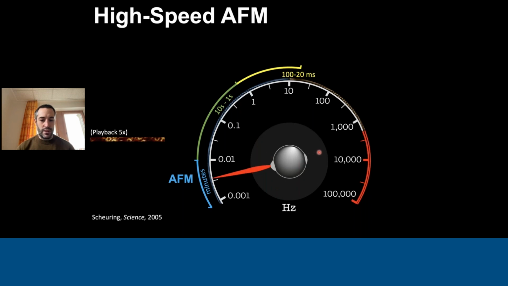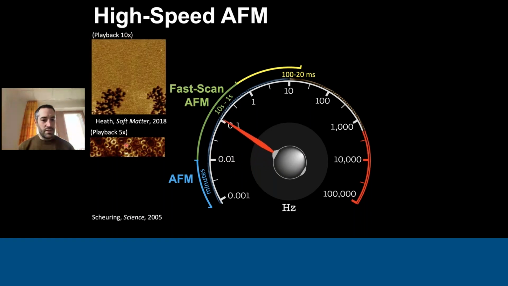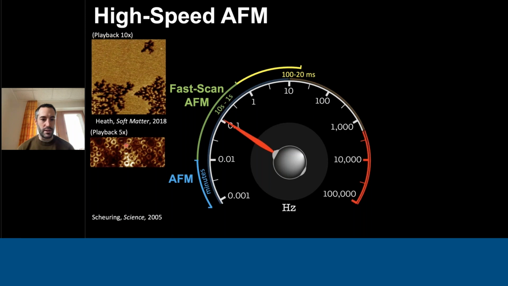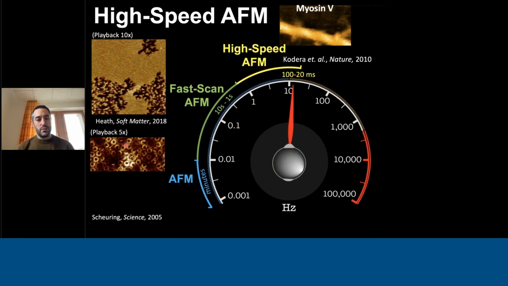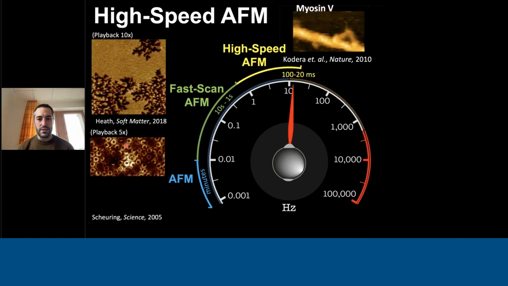So if we take a look at this on a log speed scale here: typical AFM, you kind of watch it line by line. The fast scan AFM, if you push it, can get up to maybe 10 seconds per frame or a second per frame in smaller areas with low pixel sampling. Whereas high-speed AFM, kind of getting up to the second and beyond eventually.